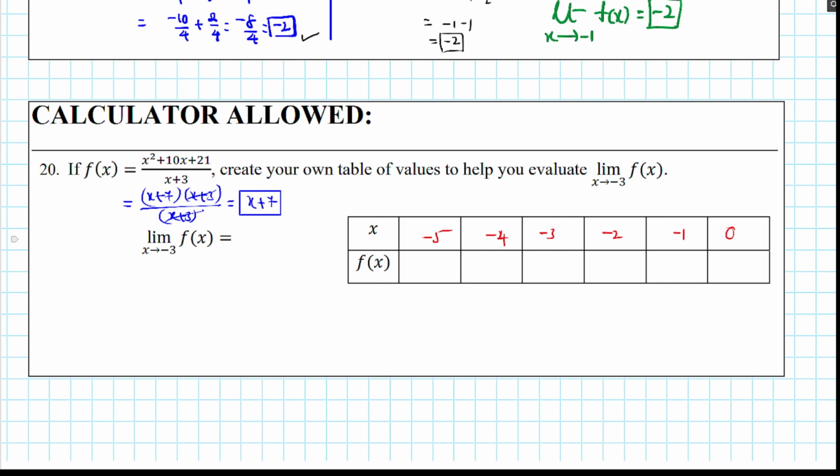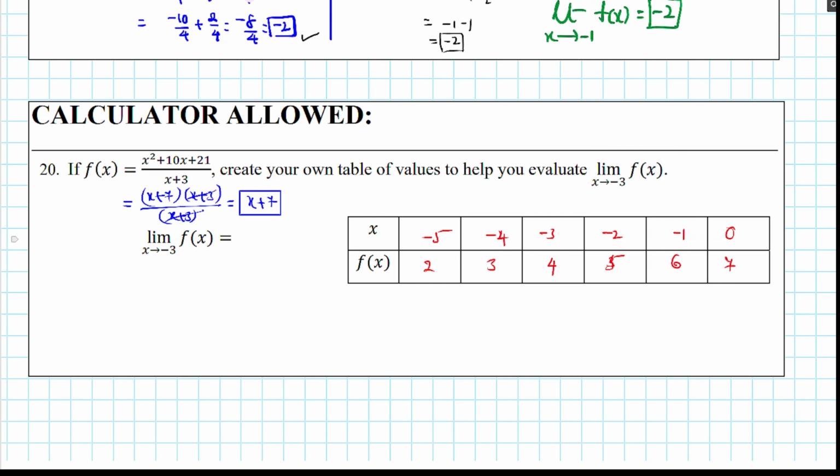Negative 5 plus 7 is 2, negative 4 plus 7 is 3, negative 3 plus 7 is 4, negative 2 plus 7 is 5, negative 1 plus 7 is 6, and 0 plus 7 is 7. Now use this table to evaluate this limit.